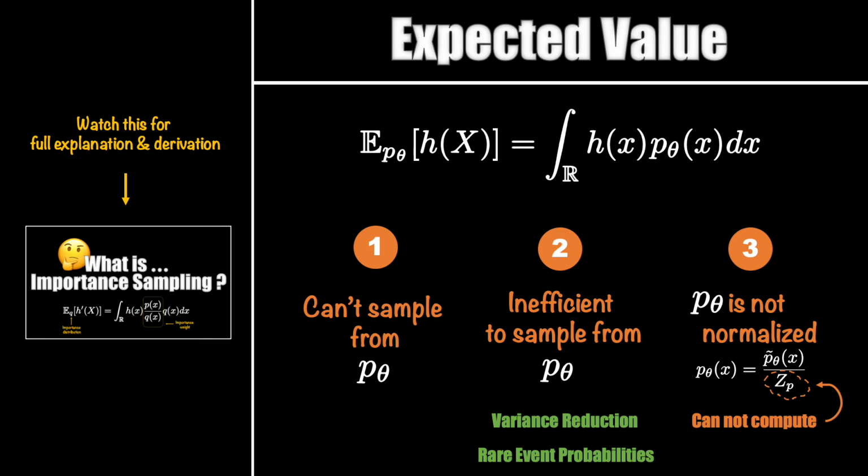In the detailed tutorial on this algorithm, I describe three main types of problems that it addresses. First and foremost, dealing with situations when you cannot sample from the target distribution. Second is about a situation where you can sample, that is, you have an algorithm for your target distribution, but it is very inefficient for the problem you are trying to solve.